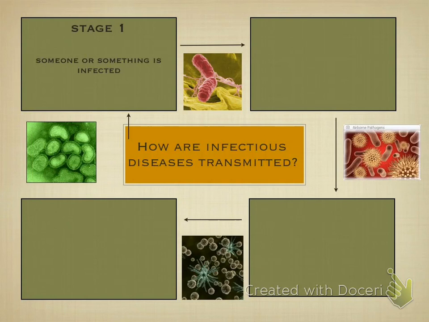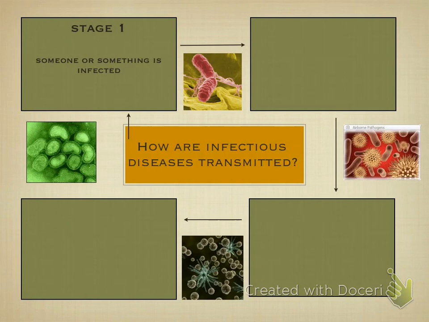And I kept pushing that point last week with certain people, that if you have not partaken in certain activities, you don't have to worry about that. So unless someone or something that you have come in contact with is infected, you do not have to worry about it.